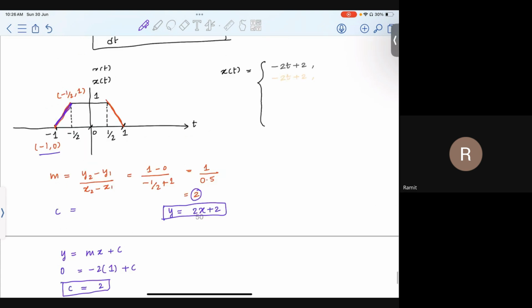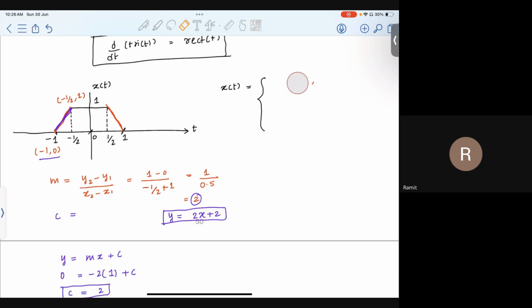So I can represent my signal as 2t plus 2 from minus 1 to minus half, and from minus half to 0 the signal is 1.